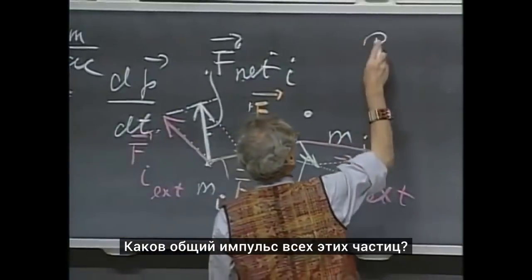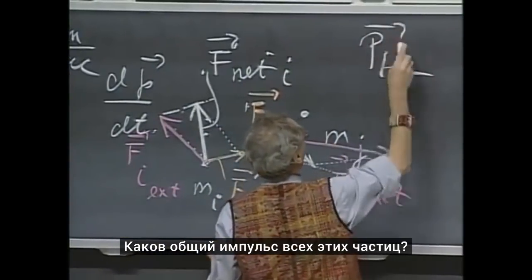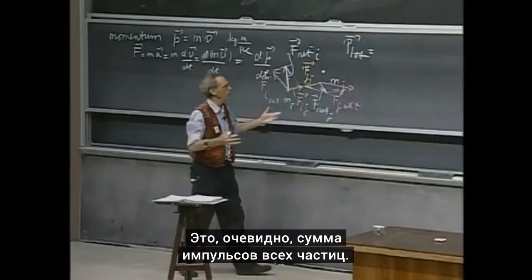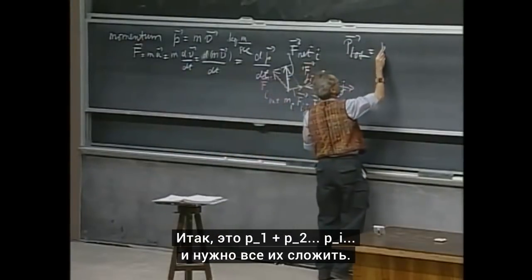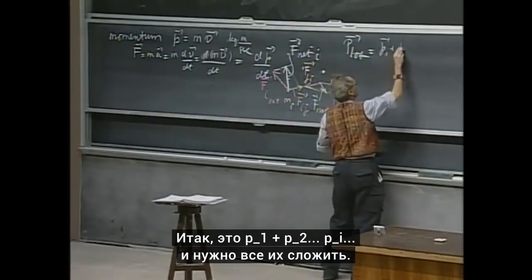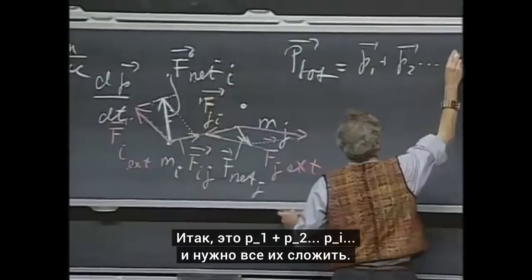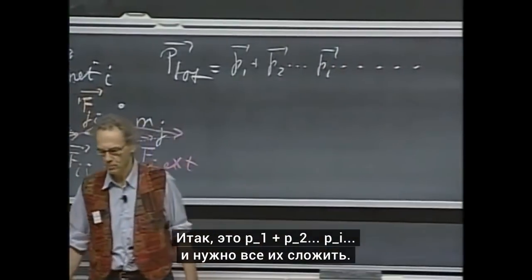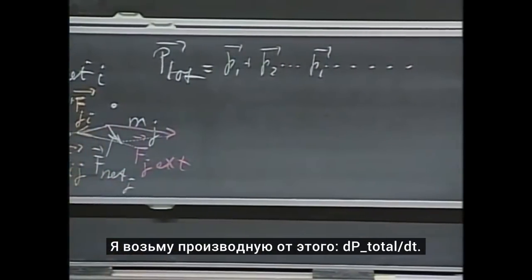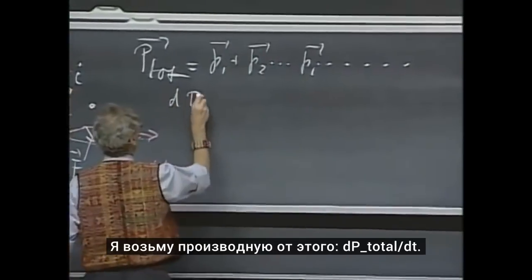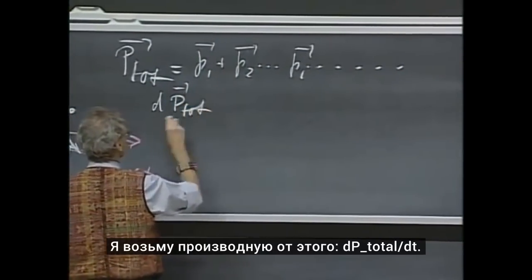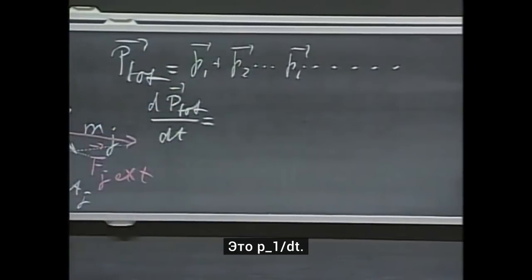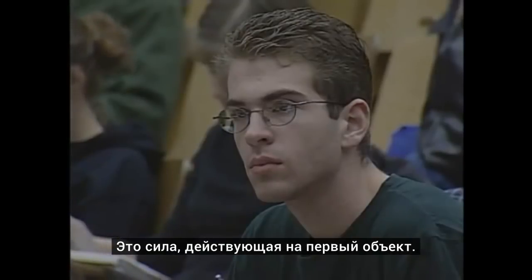What is the total momentum of these zillions of particles? Well, that's the sum of the individual momenta. So that is P1 plus P2, up to Pi, and you have to add them all up. I take the derivative of this, dp total/dt, that is dp1/dt. Well, that's the force on number 1.